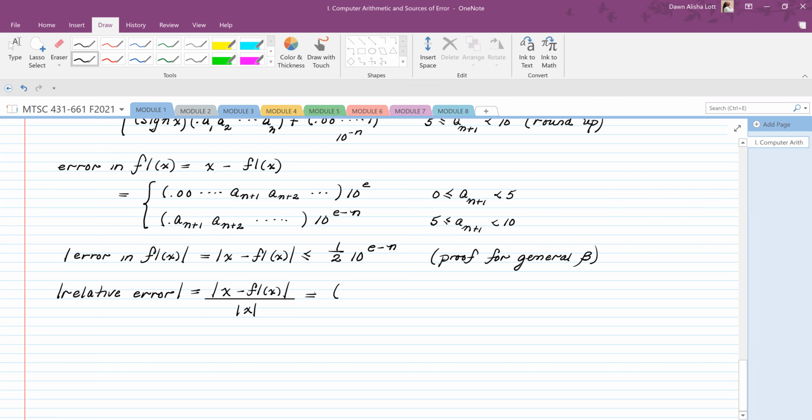I'm going to do the second one. So we're going to get point an plus 1, an plus 2, 10 to the e minus n, and we're going to divide that by point a1, a2, all the way up to an plus 1. Remember, this kept going, times 10 to the e.